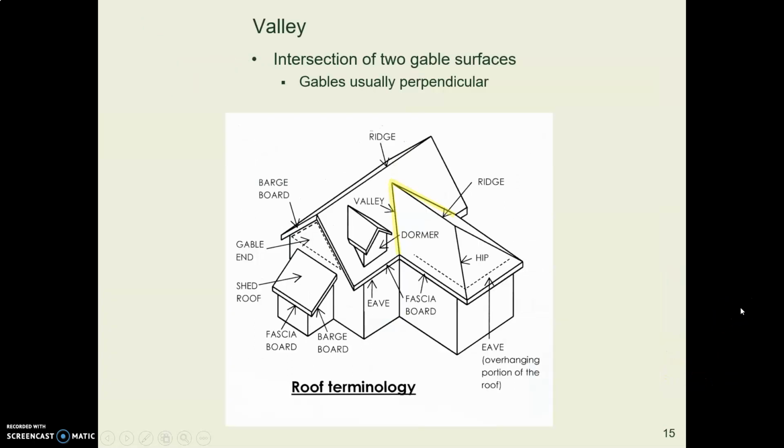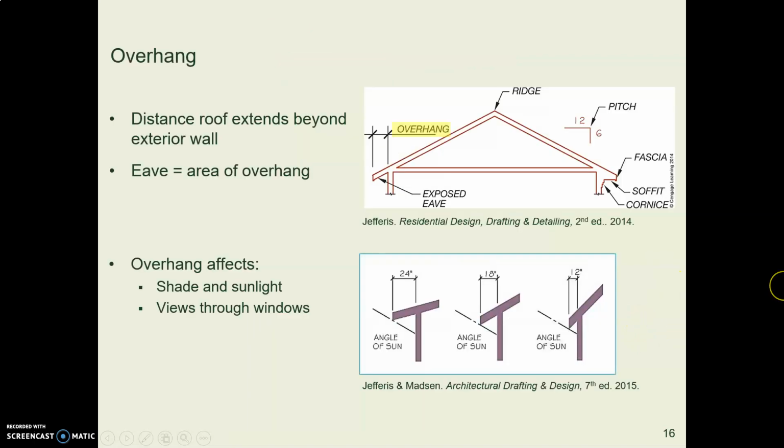And then where the interior planes come together, like let's say a gable, like this thing sticking out, a gable intersects a main roof, you get a valley. You could think of it this way: ridges shed water, valleys gather water. And then we have an overhang of various distance to protect the wall of the house from the rain.